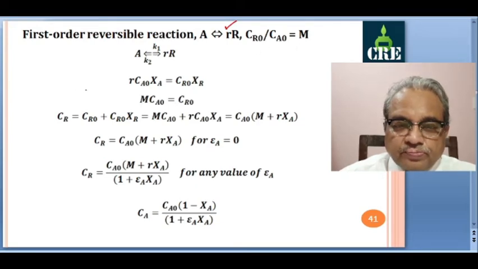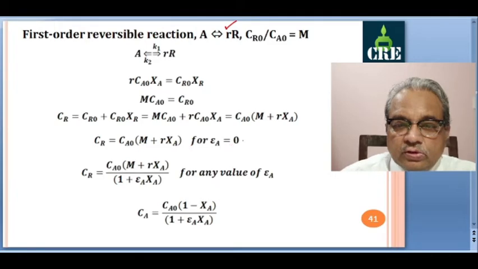So Cr can be written as Cr0 plus Cr0 xr. Cr0 is M Ca0. Everything we are writing in terms of Ca. Ca0 xr is R Ca0 xa. If I take out Ca0 outside the bracket common, I am left with M plus R xa. So Cr is Ca0 into (M plus R xa).